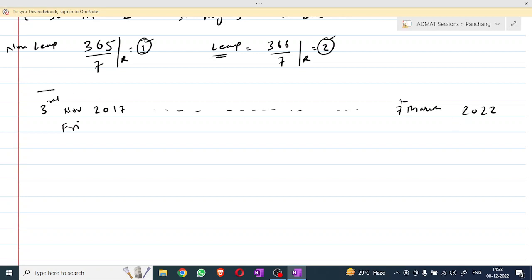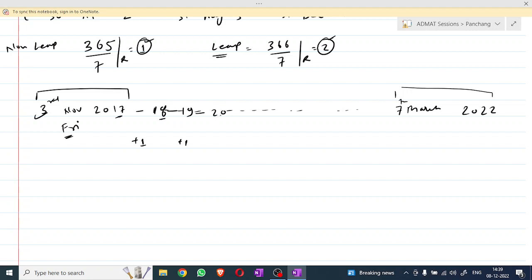Again, a reference has been given to you, this one, Friday, and a question has been framed. Now, I would prefer to perform a jump of an entire year. So 2017 to 2018, if I perform one jump, none of these years is leap. So from November 3rd to November 3rd, I will shift one.